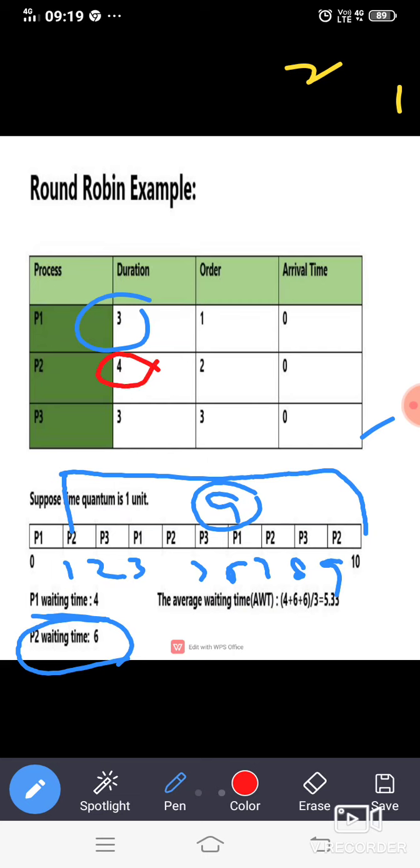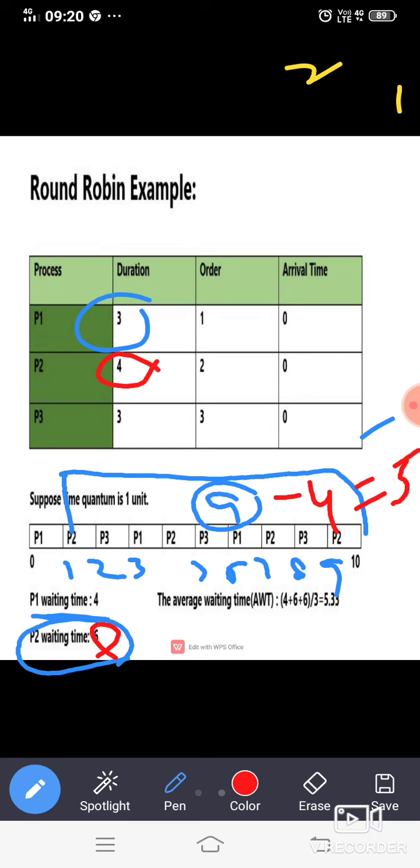So from 1 to 10, how much time has it taken? 9, but P2 has to take only 4. So 9 minus 4, the waiting time of P2 is going to be 5, but here it is given as 6.